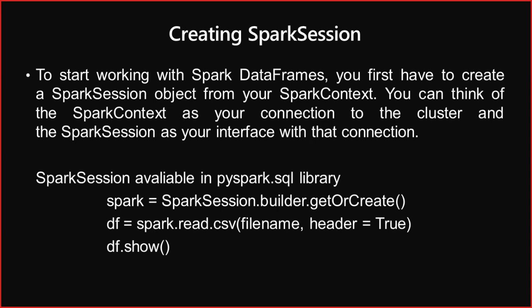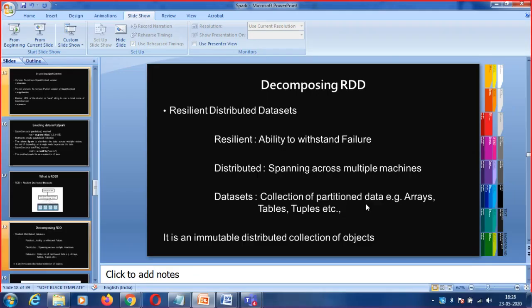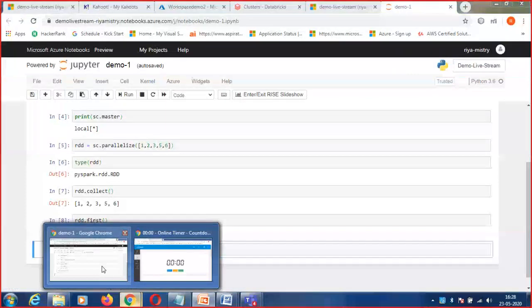So for that, they have defined this builder class, and inside that a getOrCreate method, so that if the Spark session was not created previously, it will create a new one, and if it was created previously, it will fetch that. So let's now create a Spark session.